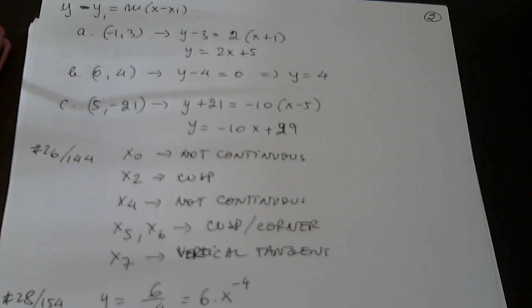Any cusp, like between two teeth, and any corner, has two tangents, or a vertical tangent, so to speak. But here I can draw one tangent. Here I can draw one tangent, and here I can draw one tangent.